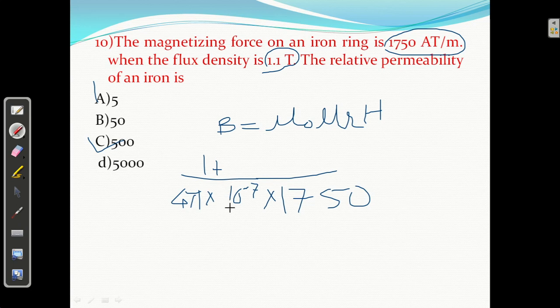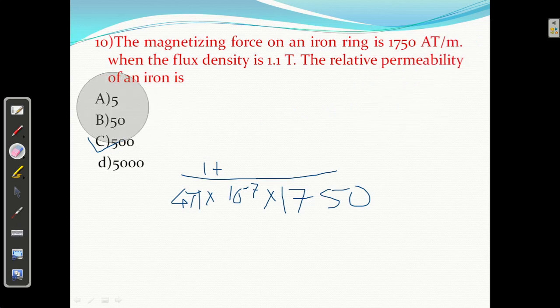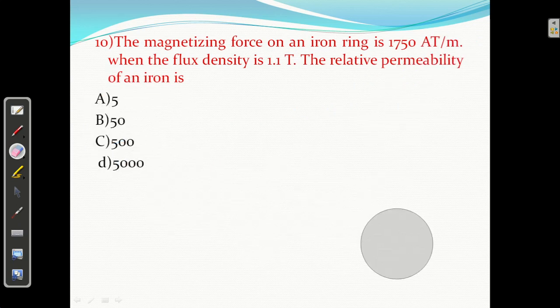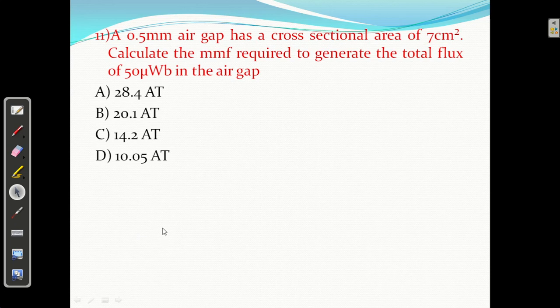Question number 11. A 0.5 mm air gap has a cross-sectional area of 7 centimeters square. Calculate the MMF required to generate the total flux of 50 microweber.